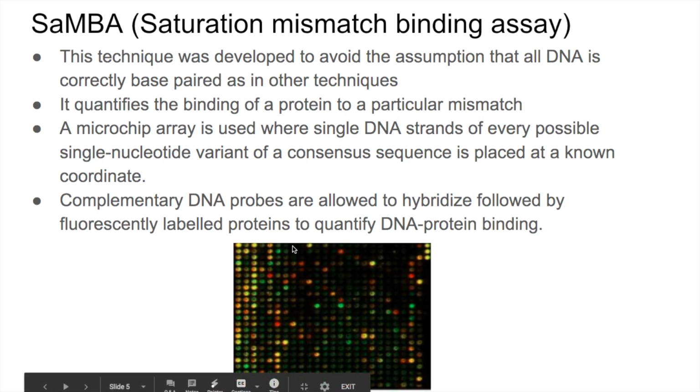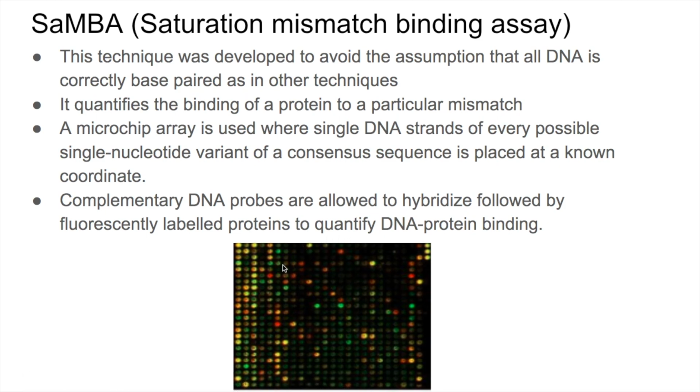So basically, we have individual DNA strands that might have single nucleotide variants of a consensus sequence, and by that I mean a mismatch. For example, if I place one over here, and one here, and then at random coordinates, I then send in complementary DNA probes to hybridize with these DNA strands.